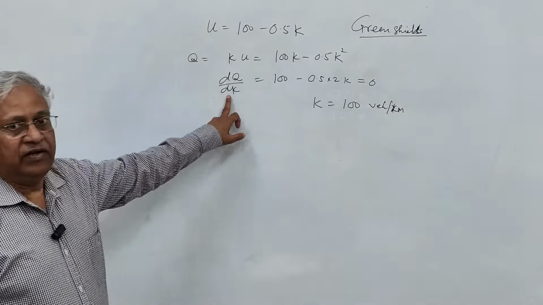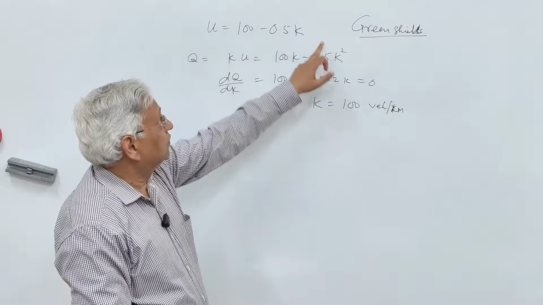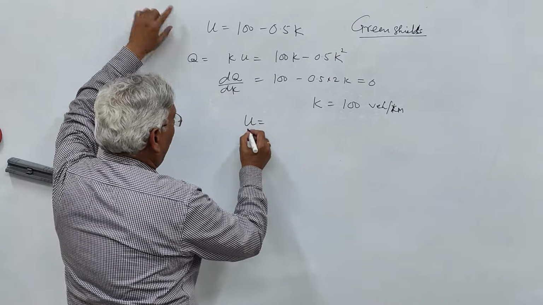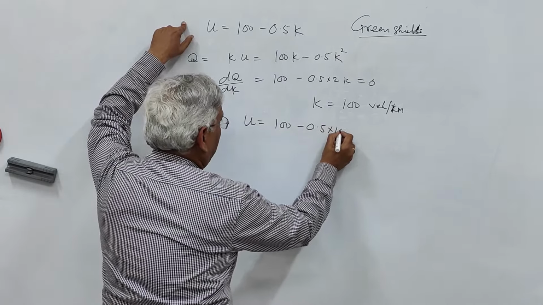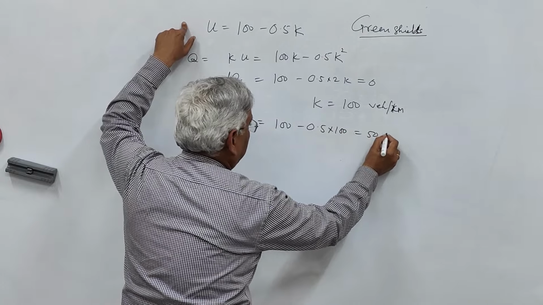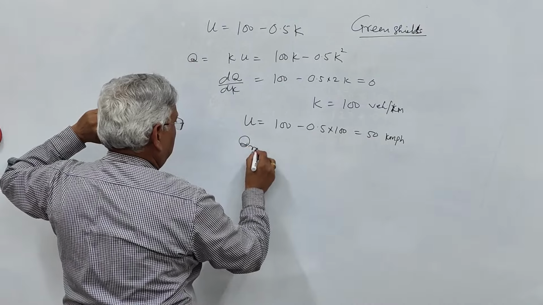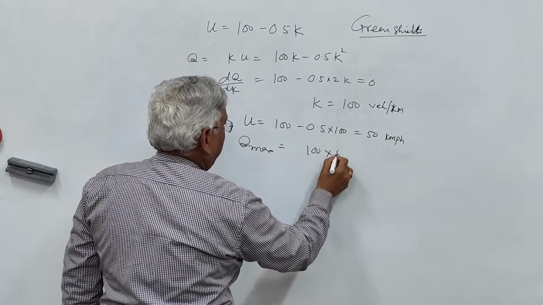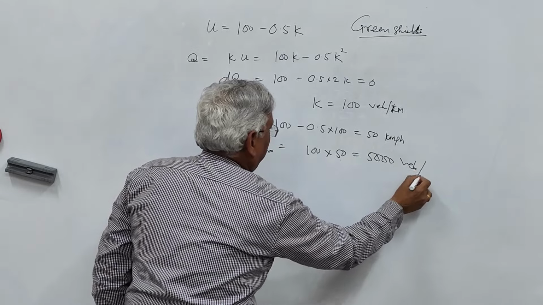Maximum flow will occur when density is 100. And when density is 100, what is the speed? Speed, that is optimum speed, will be 100 minus 0.5 into 100, that is 50 kilometer per hour. So Q maximum will be 100 multiplied by 50, that is 5000 vehicles per hour.